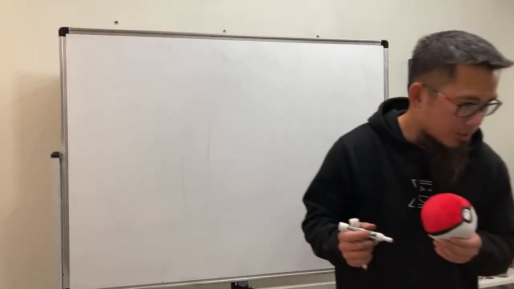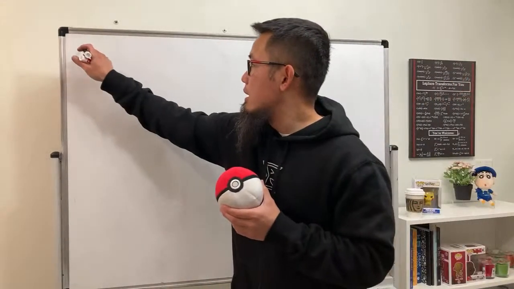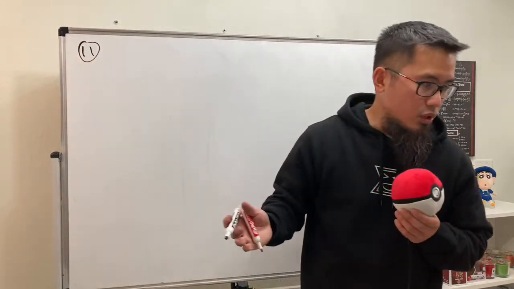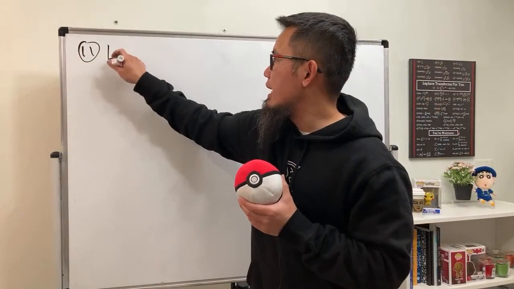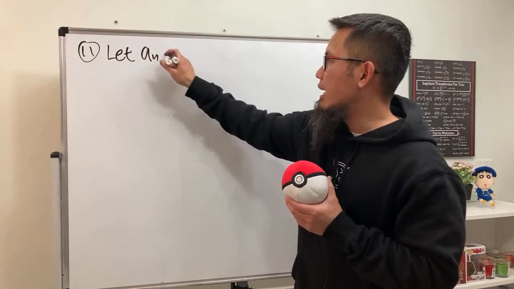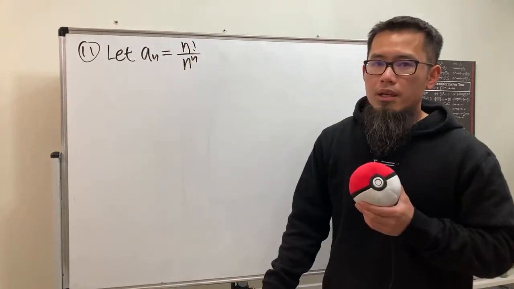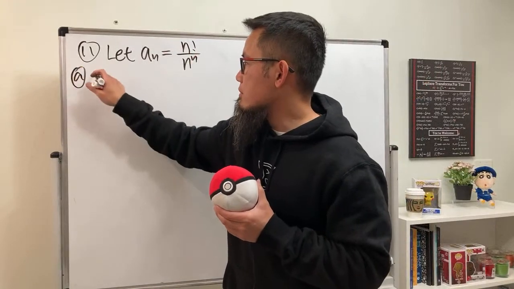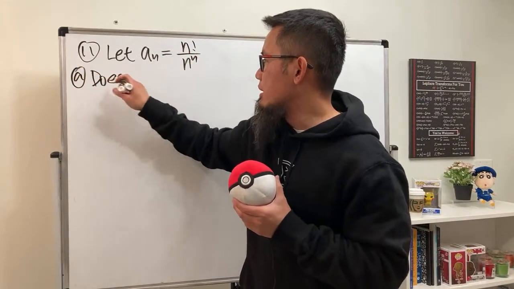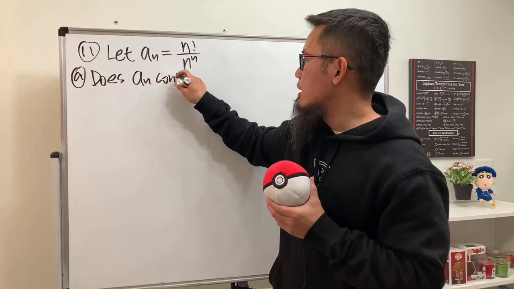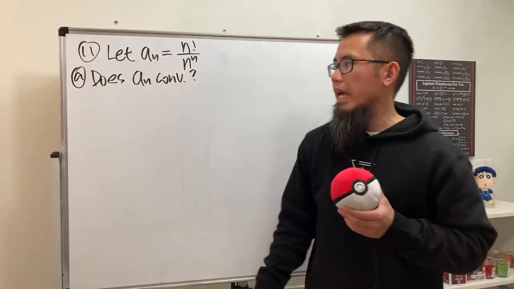All right, number 11. So here's the question for number 11. We are going to say let the sequence an be n factorial over n to the n. Part A, the question says specifically, does an converge? Does an converge?